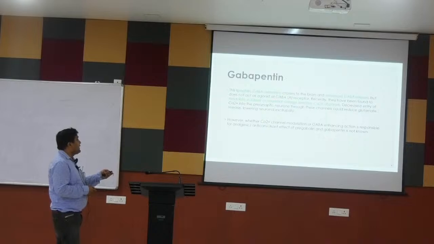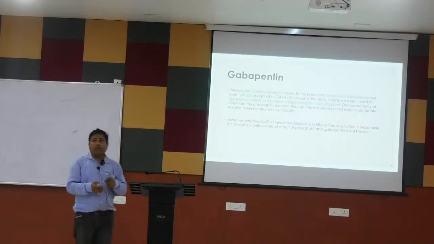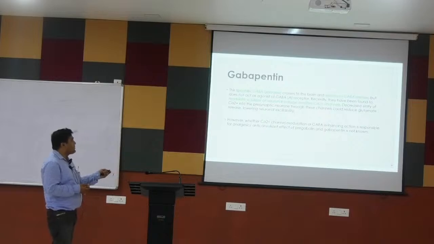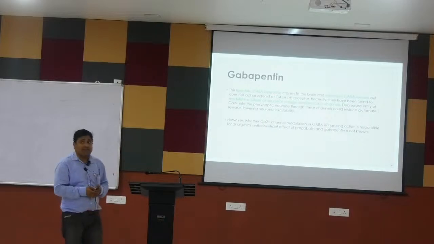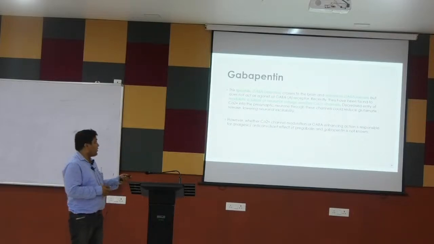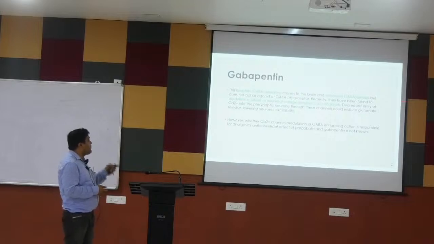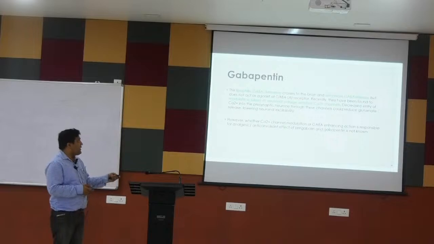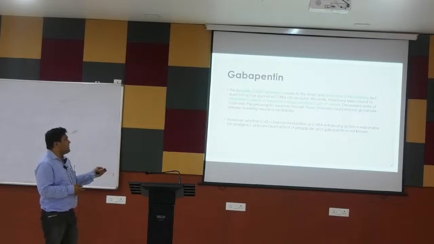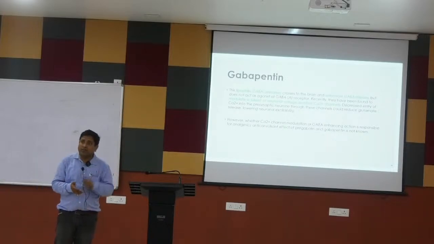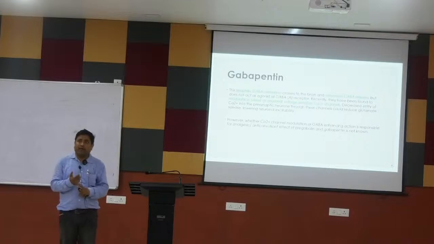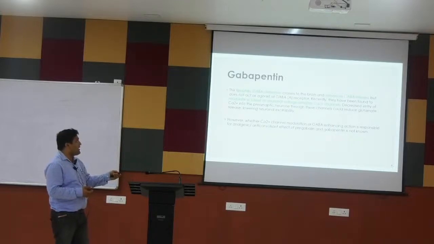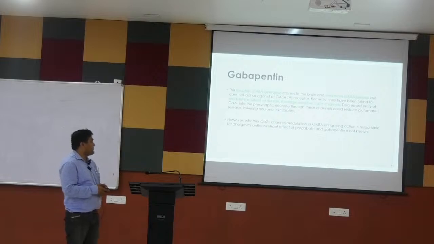Other than that, it has been found recently to modulate a subset of neuronal voltage sensitive calcium channels. And what does it cause? It causes decreased entry of calcium into the presynaptic neuron, causing a decrease in glutamate release. And thus it also suppresses neuronal excitability. So two functions are there: number one, enhancing GABA release, and number two, reducing glutamate release.